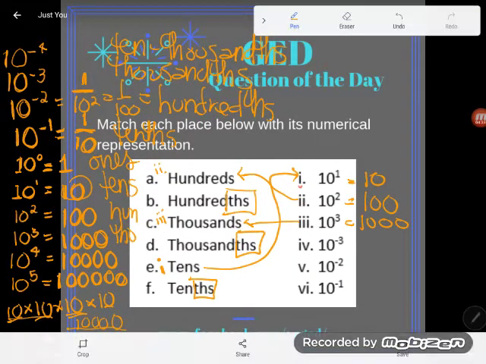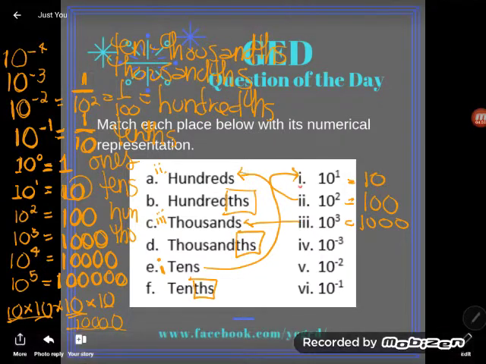Now we're ready to match with our negative exponents. Remember that the only difference between hundreds and hundredths is a negative sign on the exponent. So we saw that hundreds was 10 to the second power.